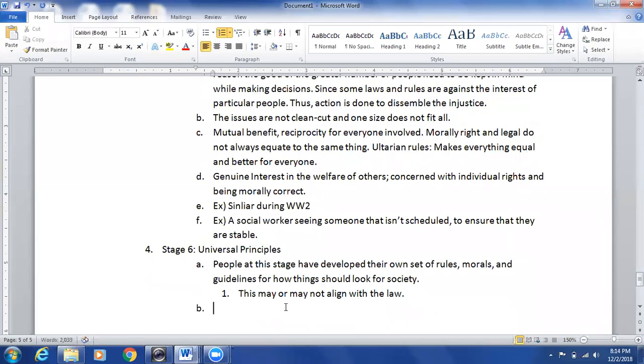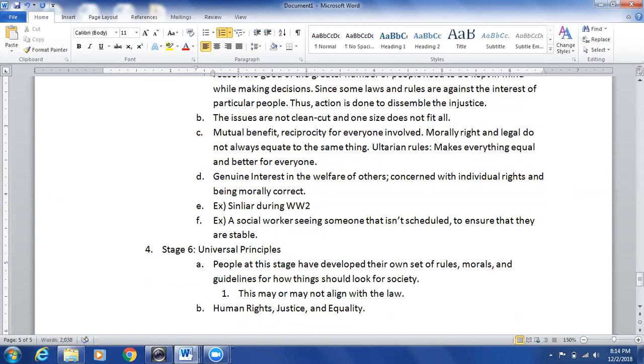So again, society may have some backlash with all of this. However, human rights, justice, and equality are key components here.